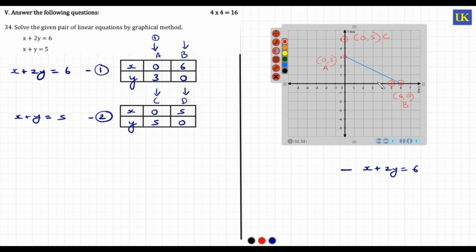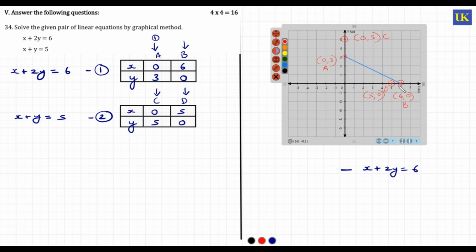So x is 5 and y is 0. And now this point is point D. Okay, and the coordinates are x is 5 and y is 0.